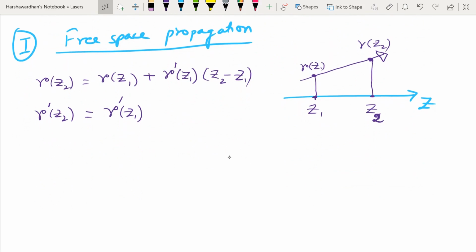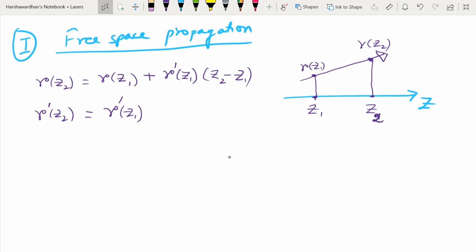That is, for free space propagation, I can capture this transformation between r and r prime in terms of a 2 by 2 matrix equation. And this 2 by 2 matrix that characterizes, for example, free space is what we are calling the ABCD matrix, which contains 4 elements, which is a 2 cross 2 matrix.